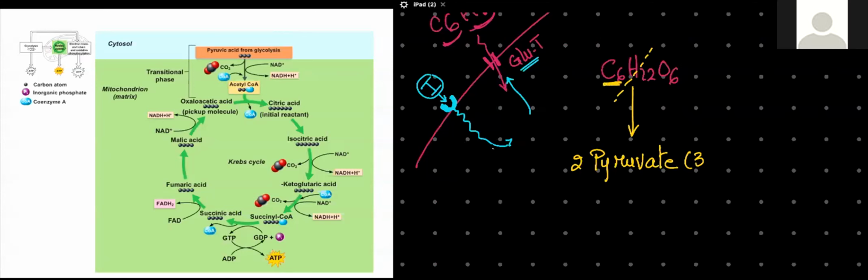If the glucose is formed of 6 carbons, when you split it into 2 exact molecules, each of them is going to have 3 carbons. We call this step the glycolysis. Glucose lysis, breakdown.